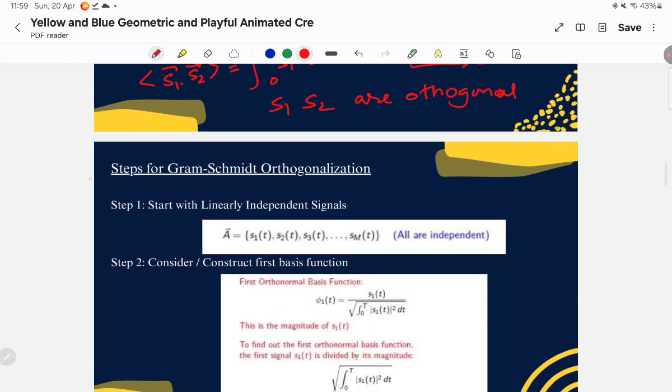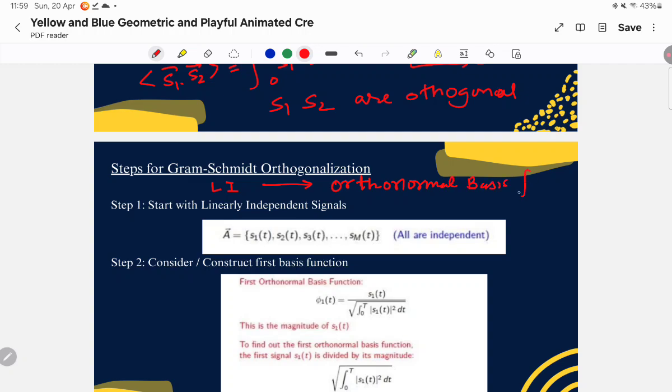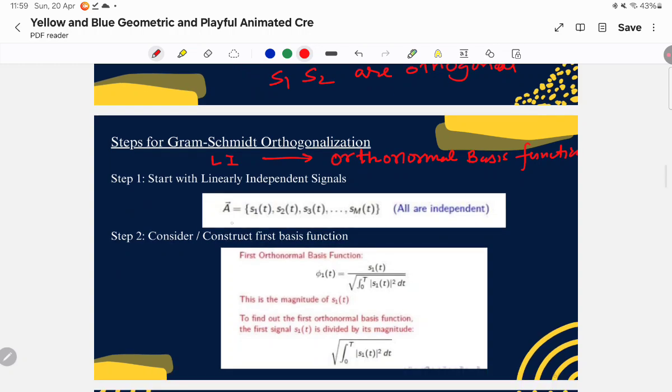Okay, now this is the process, means how we will convert LI signals into orthonormal. Remember, our basic work in Gram-Schmidt orthogonalization is converting LI signals into orthonormal basis functions. So as we all know, we will start with linearly independent signals.